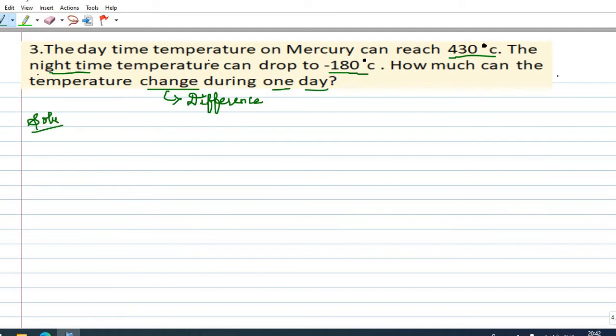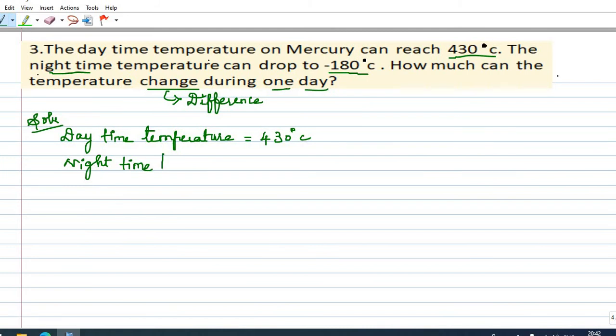So listen, children. Daytime temperature is equal to, what is given in the question? 430 degrees Celsius. And nighttime temperature, what is given in the question, which is minus 180 degrees Celsius.